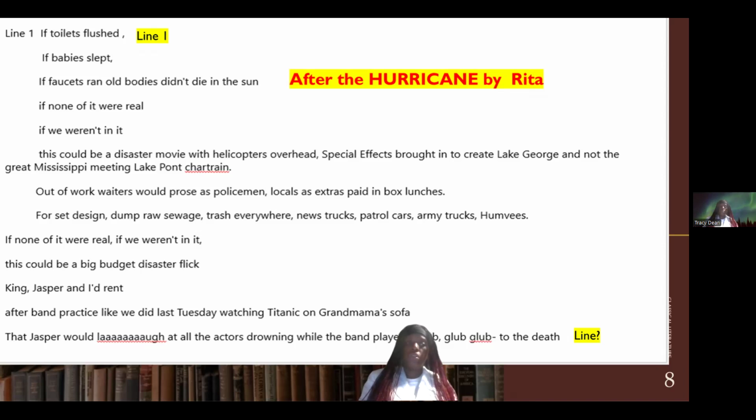So here's a line break in between. Okay, and then you can find more line breaks as you go on. So we have lines. We have line breaks. There are rhythm.